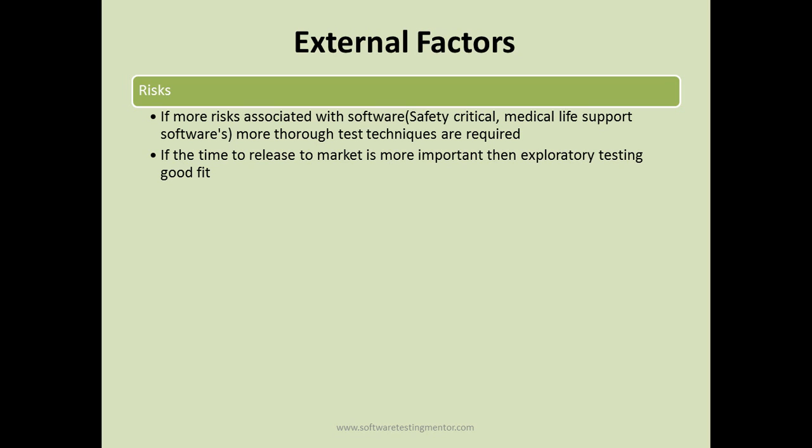In these kinds of software, you need to apply almost all the formal test techniques that are possible: black box testing, white box testing, decision table. Whatever techniques are possible depending on the different modules of the software, you need to apply all the formal approaches.